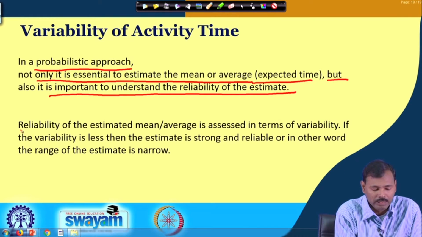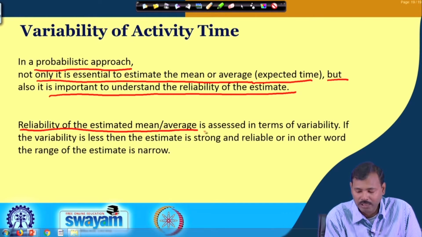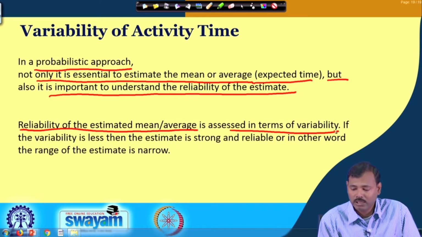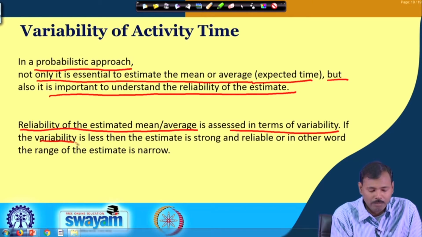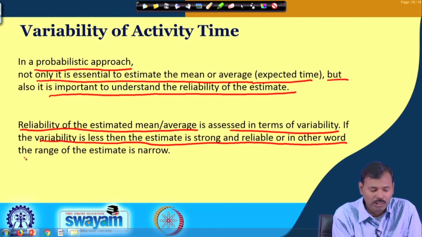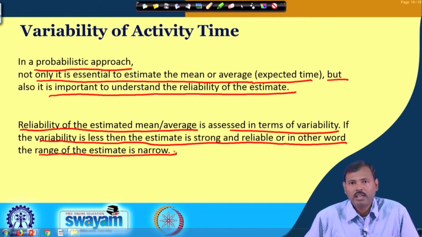In this case, the reliability of the estimate of the mean or average is assessed in terms of variability, or in other words, variance. If the variability is less, then the estimate is strong and reliable. In other words, the range of the estimate is very narrow.